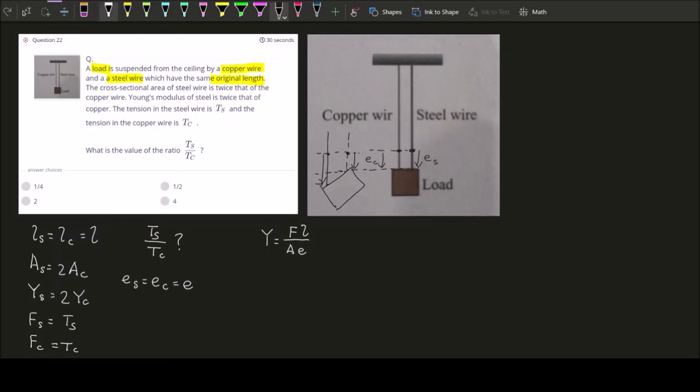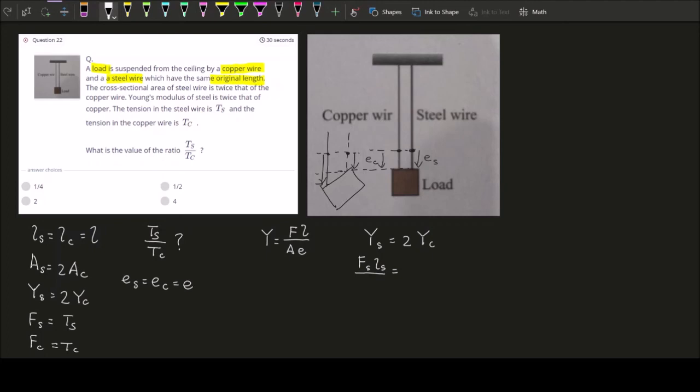So how do we solve this problem? Let's just use Y here. We know that Ys, the Young's modulus of steel, is twice the Young's modulus of copper. So now we just substitute everything. Even though we didn't think through it carefully, that's the simplest way for this situation.